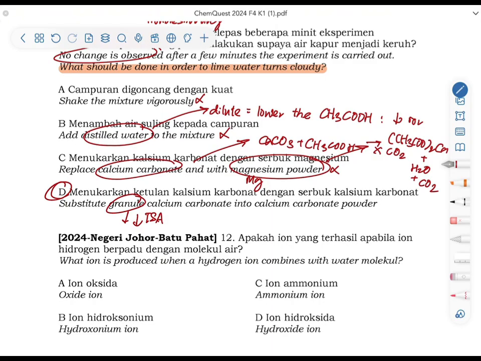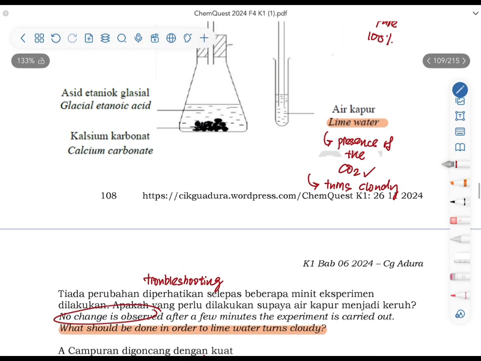When you turn this granule into powder, which has a higher total surface area, and it comes in contact with the weak acid, the ethanoic acid, it will give a better result for the reaction. Granules means that it has a bigger size, so when we have a bigger size, we automatically have a lower total surface area.